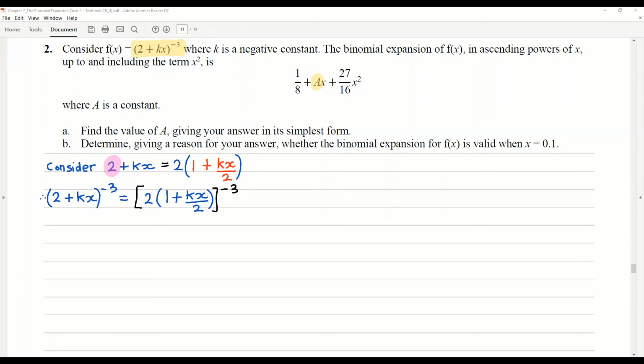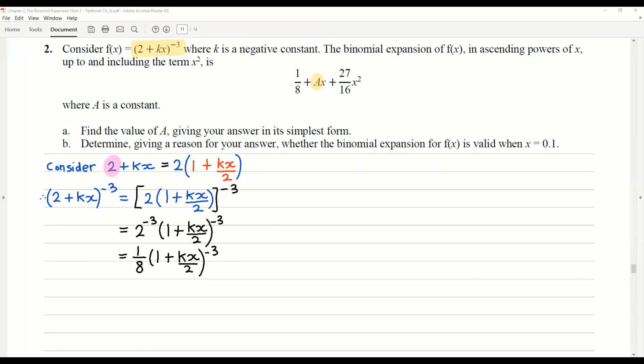They are essentially the same thing. I made the argument in the previous example about what happens when we raise 2 factors to the power -3. It's essentially the same as raising each individual factor to the power -3. So this is going to be 2 to the power -3 multiplied by (1 + kx/2) to the power -3. And of course, 2 to the power -3 is 1 over 2 cubed, which is 1 over 8, times (1 + kx/2) to the power -3.